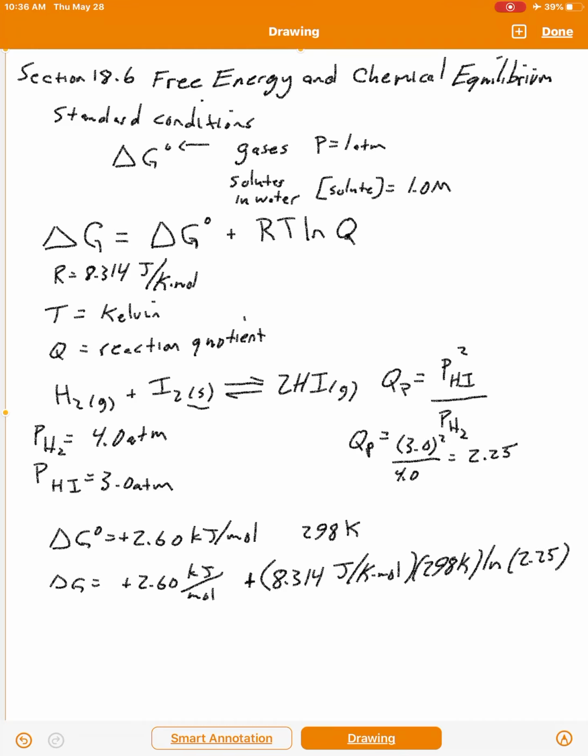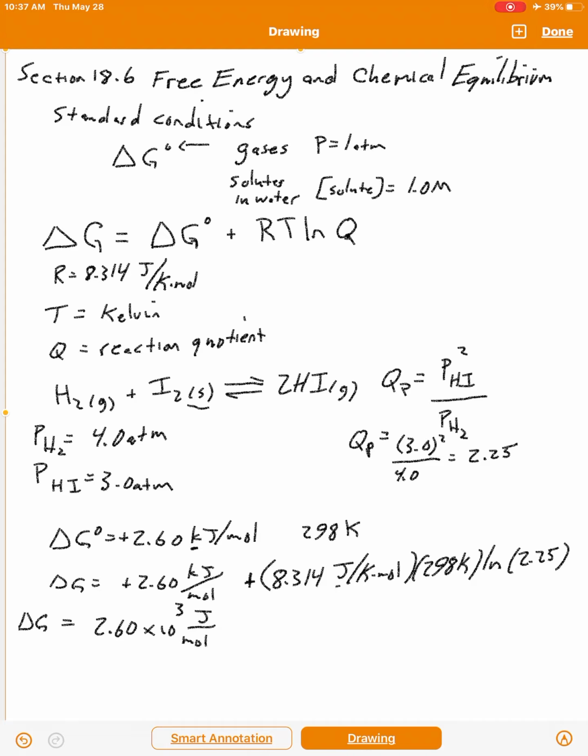One issue that arises here is that the delta G naught is in kilojoules per mole, but R is in joules per kelvin mole. We can resolve that issue by converting the delta G naught into joules per mole. Kilo is 1,000, so this is really 2.60 times 10 to the 3 joules per mole.